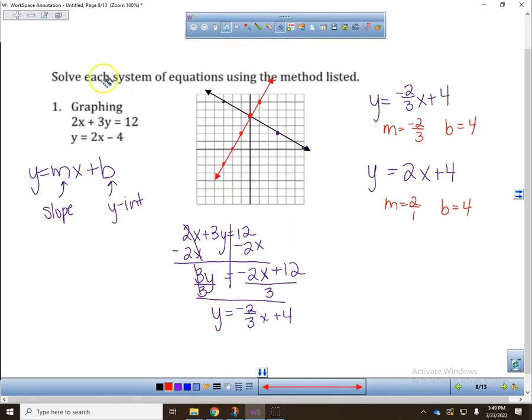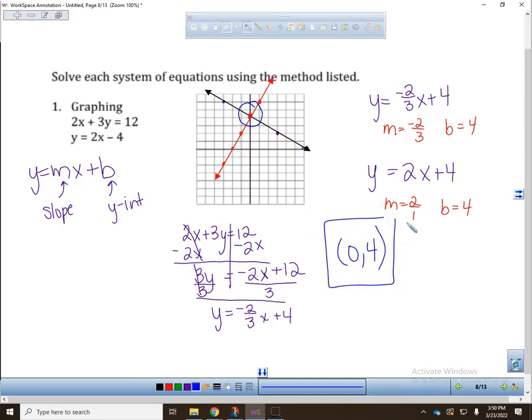And we can see that the place where my two equations in my system of equations cross is at 0, 1, 2, 3, 4. So my solution is 0, 4. That would be graphing.